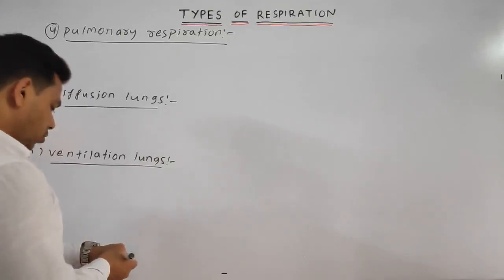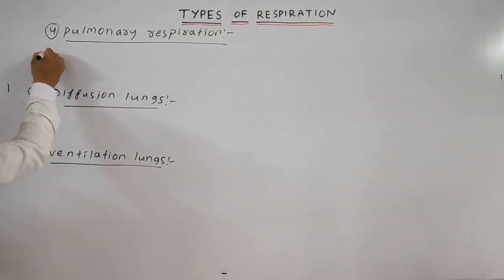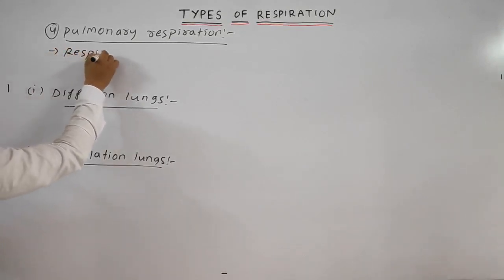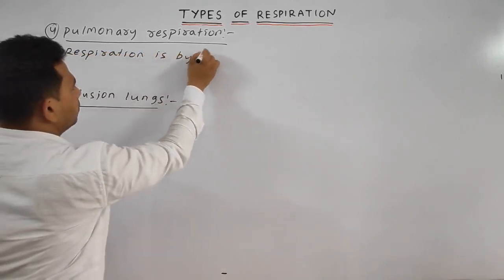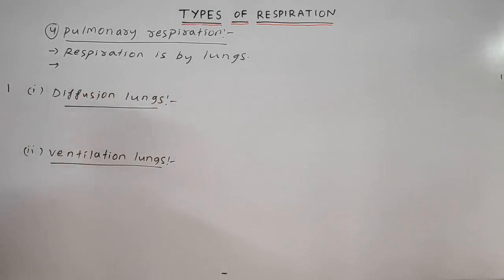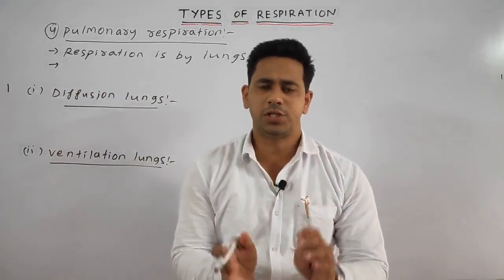Okay, so first point, the respiration is by lungs. Okay, common point. Second point, this type of respiration is generally found in most terrestrial animals.